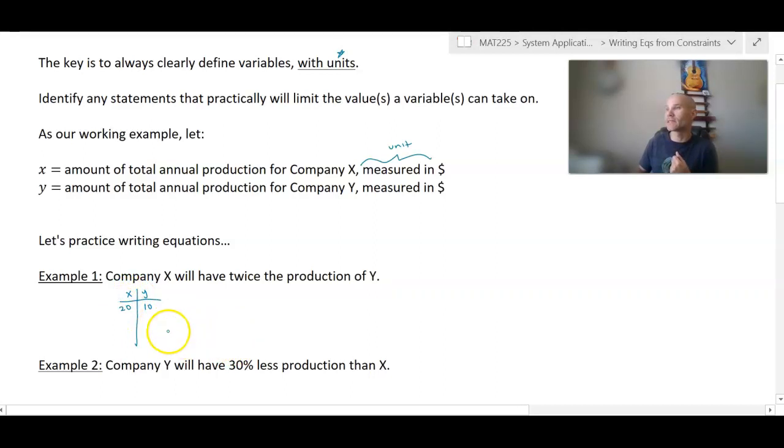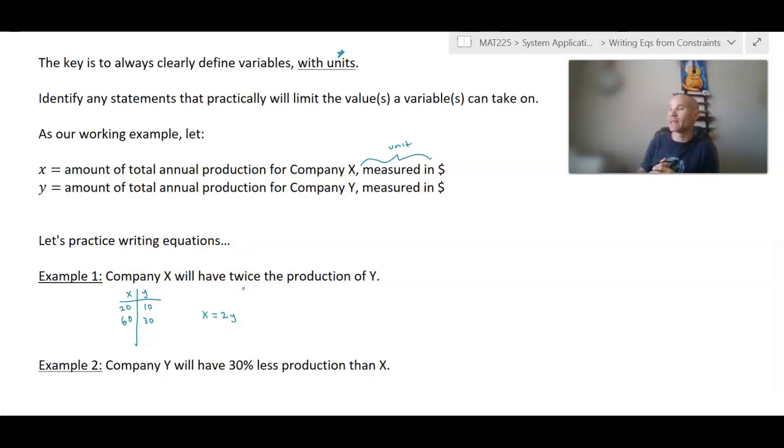If company Y has 30 units, well, company X will have twice that, which would be 60. And so, indeed, in this case, X equals 2Y is the equation that quantifies this sentence.